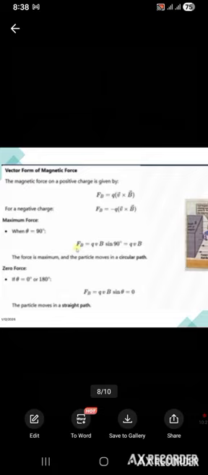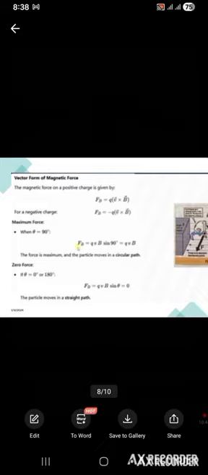Only the sign convention will change; the magnitude of this magnetic force will remain the same. Maximum force is when theta is equal to 90 degrees. In such a case, the force is maximum and the particle moves in a circular path.